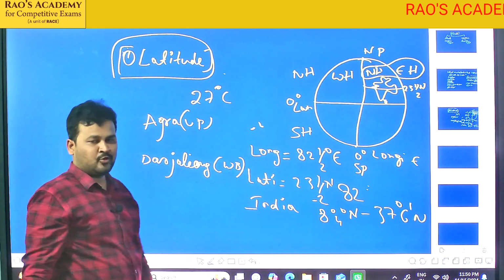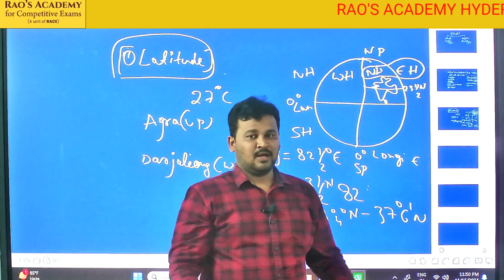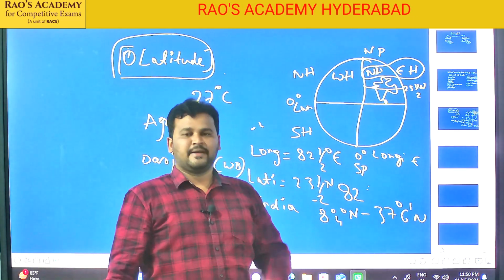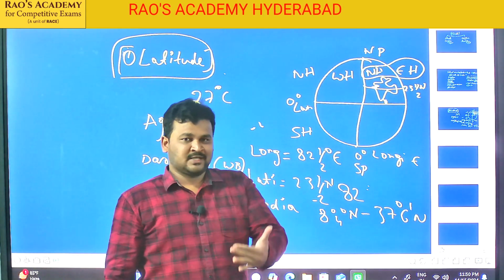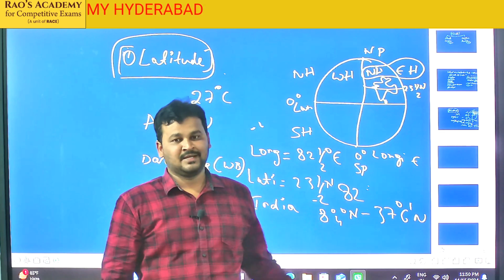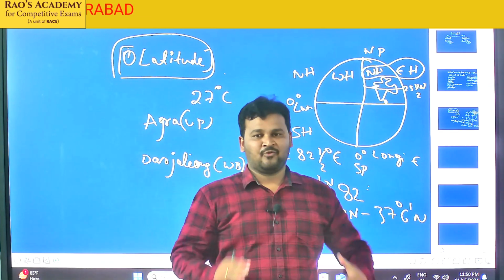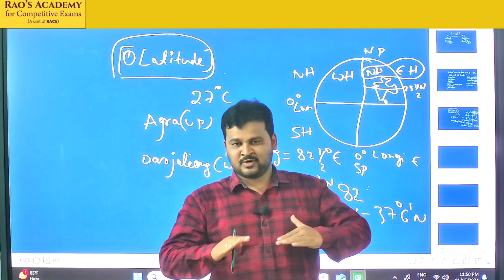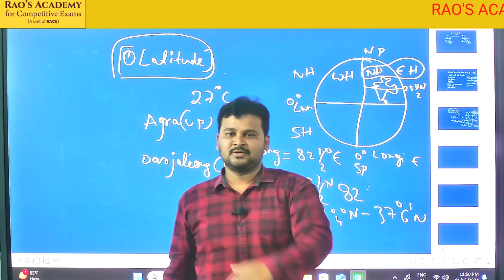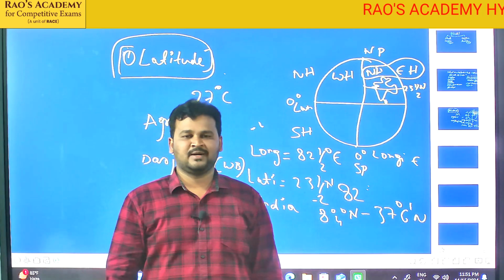Agra in UP and Darjeeling in West Bengal are almost located on the same latitude, even though the temperature in Darjeeling is different from the temperature in Agra. What might be the reason behind that? Even though two places are located on the same latitude, their normal temperatures are different. Why?